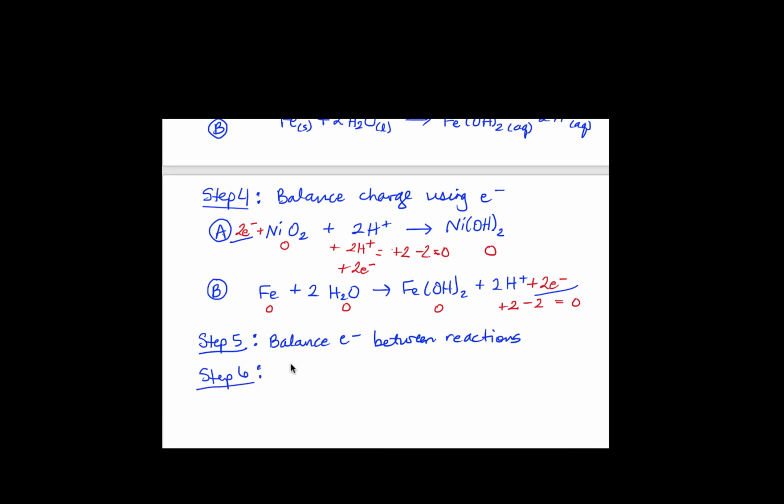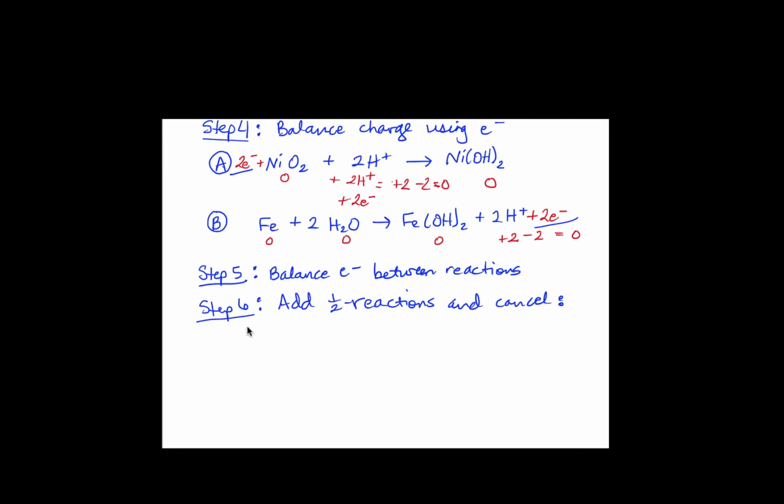And step 6 is to add the reactions together and cancel things out. Okay, so if I add these guys together, I'm going to get 2 electrons plus nickel oxide plus 2H+, iron plus 2 waters.